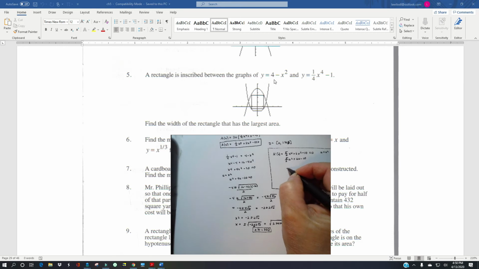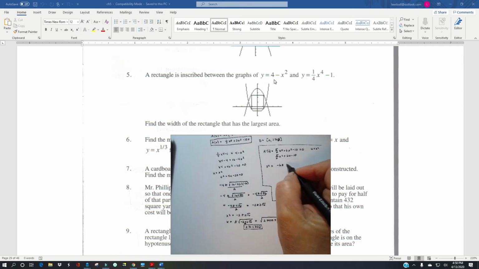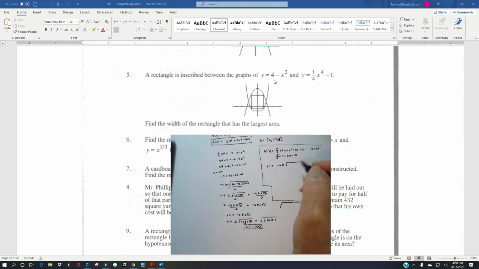So we've got x squared equals negative 6 plus or minus the square root of 36 minus 4 times 5/2 times negative 10, all over 2 times 5/2, or 5.